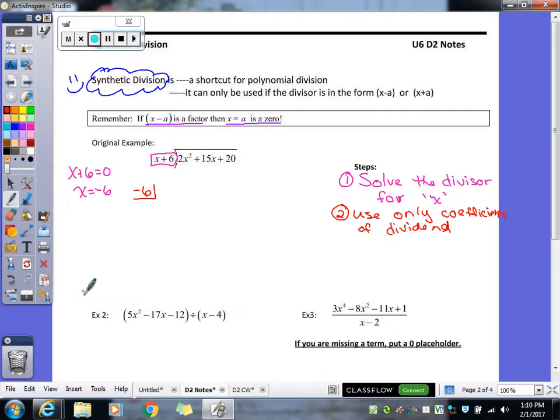So we got a little box with our negative 6. Next to the box, we're going to put the coefficients of our polynomial. Now again, if it's missing a term, I have to put a 0 in that spot for that term. This one's not missing any though. It goes x squared, x to the first, and then our number. So I'm going to put my 2, my 15, and my 20. We're only going to use the coefficients. And then you want a little bit of space, and then we can put a straight line there.